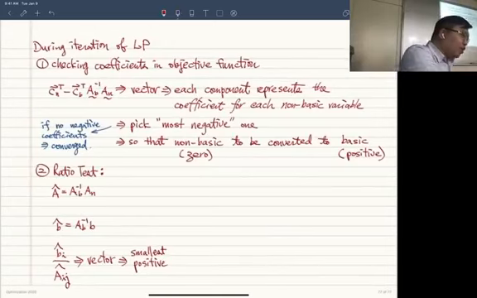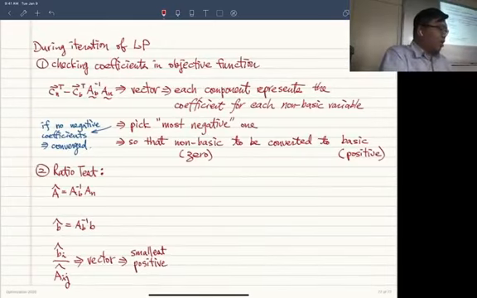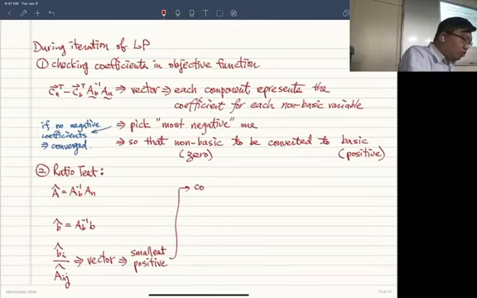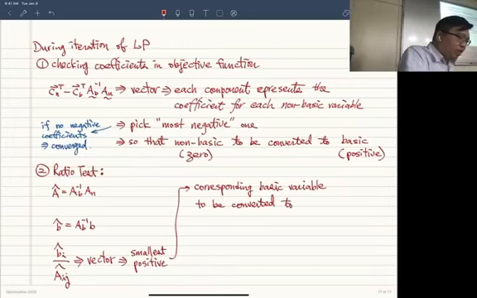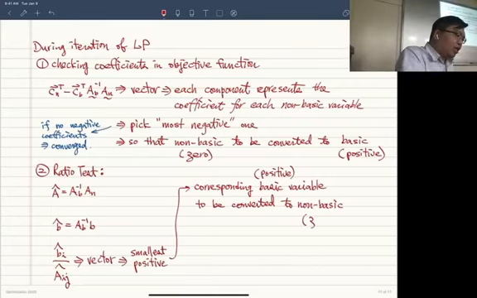Okay, so over here, when we chose the corresponding variable, the corresponding basic variable will be converted to non-basic. So it was a positive value. After it's chosen to be non-basic, it will become 0.